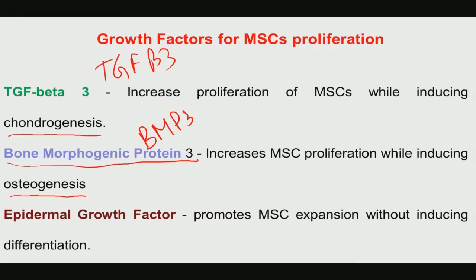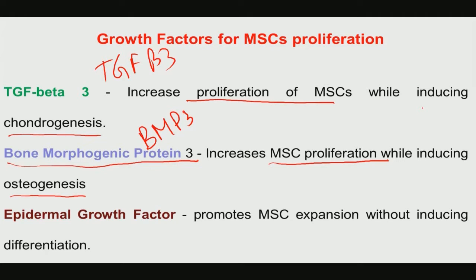So, why does it show MSC proliferation? In the first case, it shows MSC proliferation while inducing chondrogenesis. That means, to make a tissue, one or two chondrocyte cells are not sufficient. If you increase the proliferation of MSCs and make them committed towards chondrogenesis, then TGF beta 3 will ultimately lead to the formation of cartilage tissue.